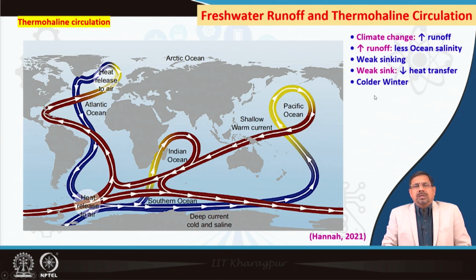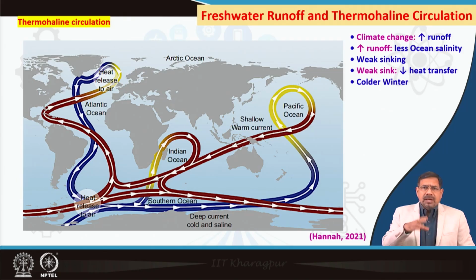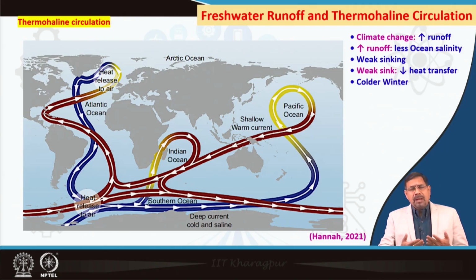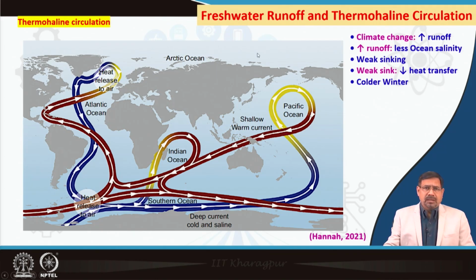Now, move on to the third one, that is the thermohaline circulation. In this beautiful diagram, the picture which has been taken from the book by Hannah, you can see a variation in color, yellow, red and a little dark red, and a bright yellow.